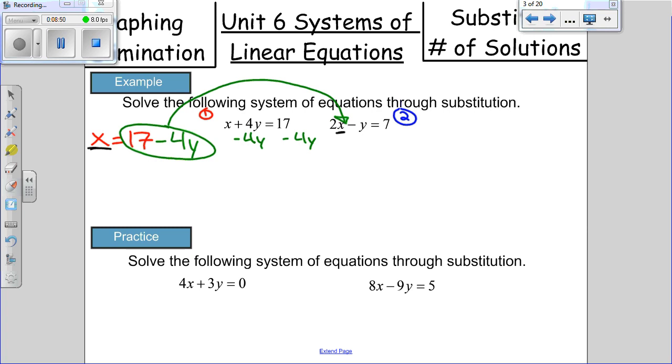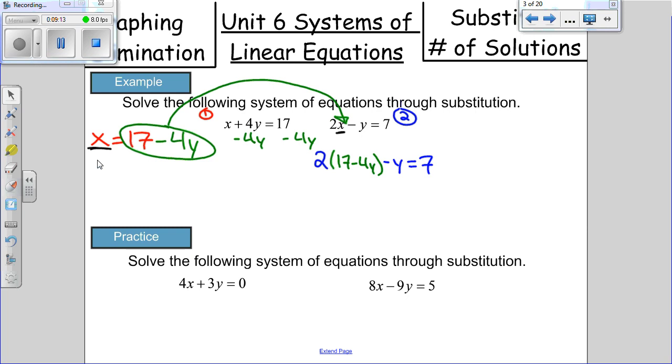And I'm going to use brackets. So this will be 2 bracket 17 minus 4y, minus y equals 7. See the substitution I did? Awesome.